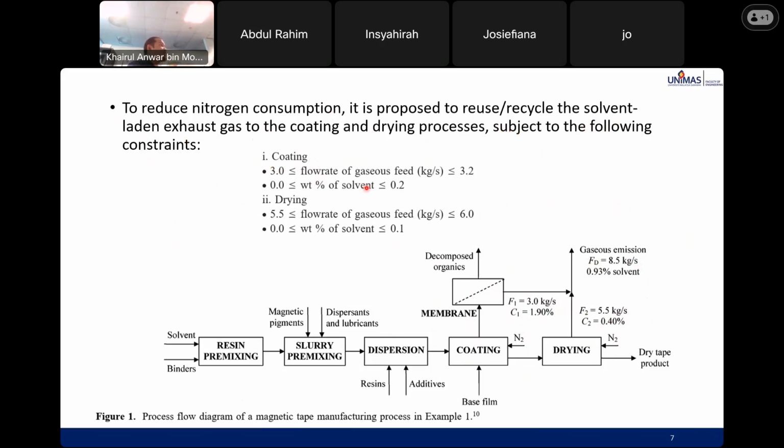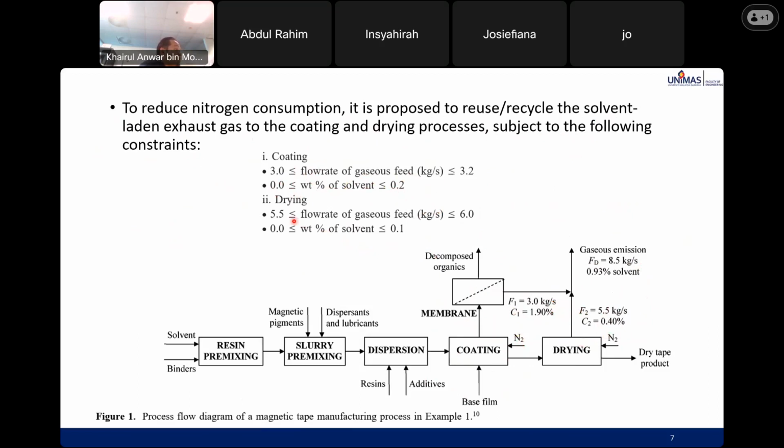For coating, the inlet nitrogen, if we were to recycle it, the flow rate should be within 3 to 3.2 kilograms per second, and the impurity is 0 to 0.2%.